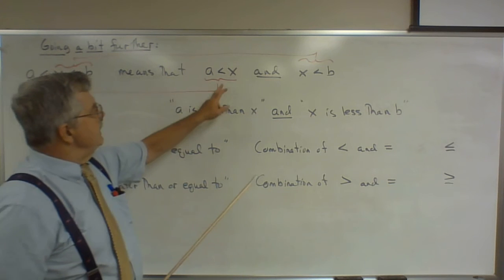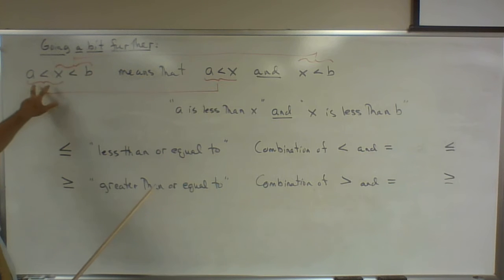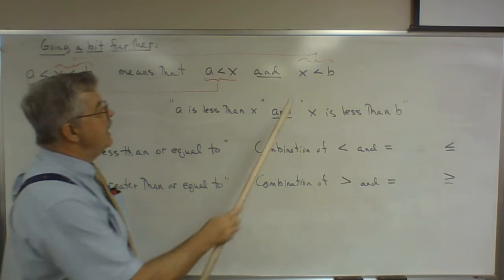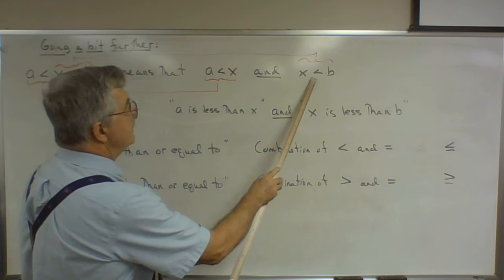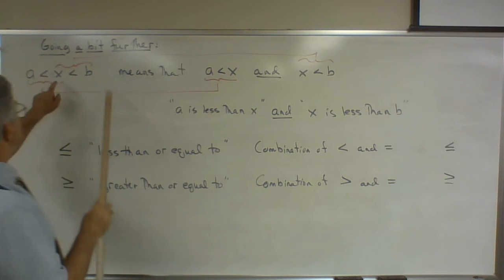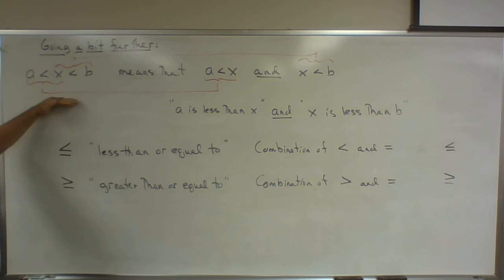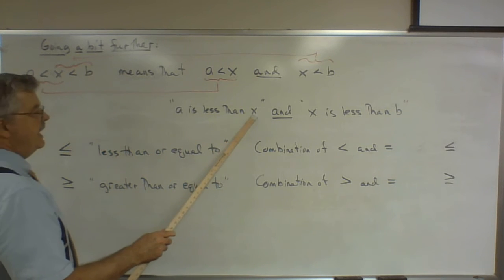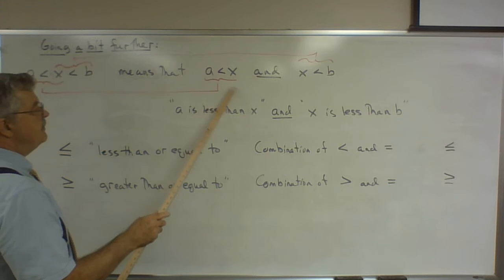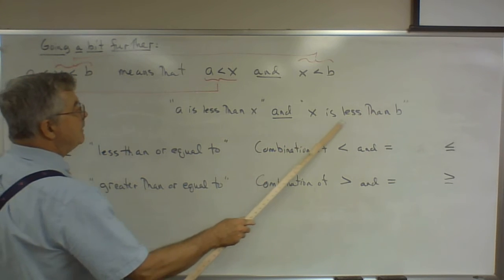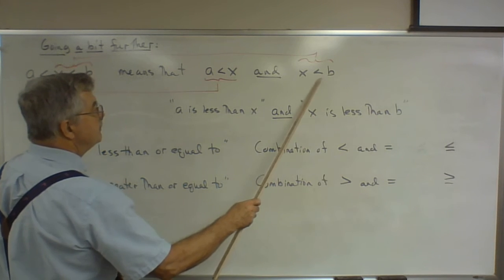What we do is we take this inequality, A is less than X, and this inequality, X is less than B, and we put them together in one inequality, like this. A is less than X, that's this thing, and X is less than B, that's this thing.